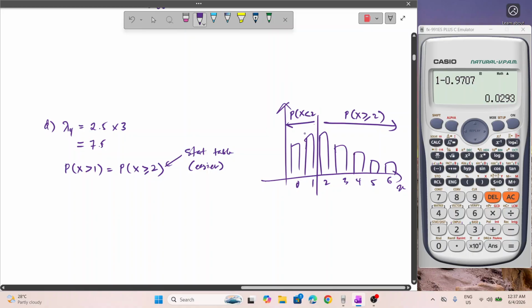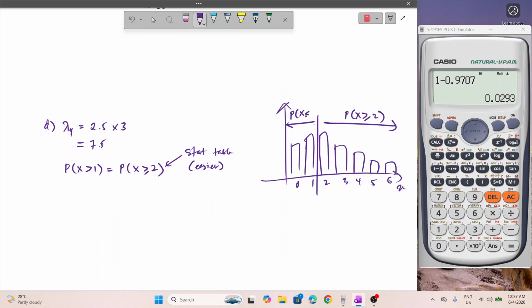Or we can put it as x less than or equal to 1. It is the same. And everything here is equal to 1. So this is actually 1 minus probability of x less than or equal to 1, or you can rewrite it as probability of x is equal to 0 plus probability of x is equal to 1.